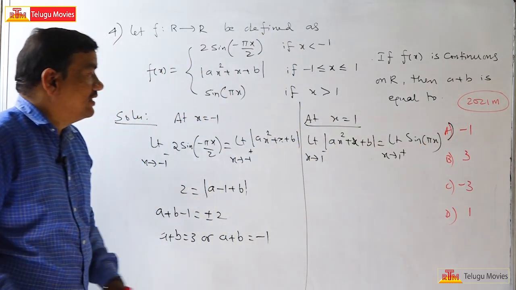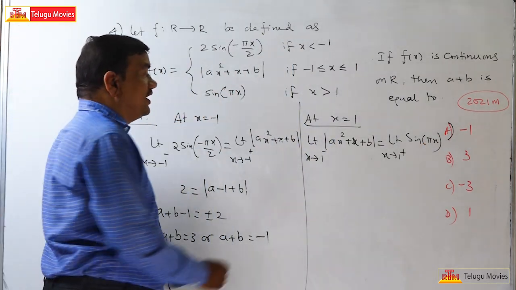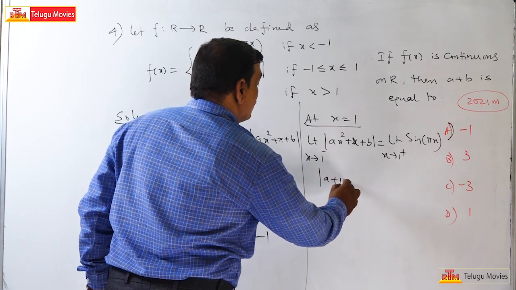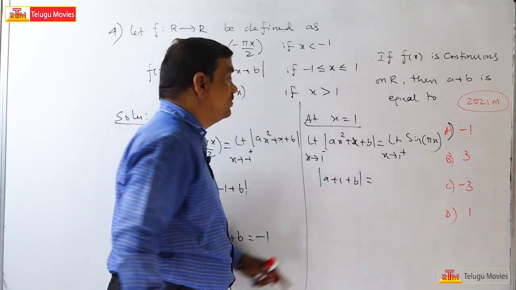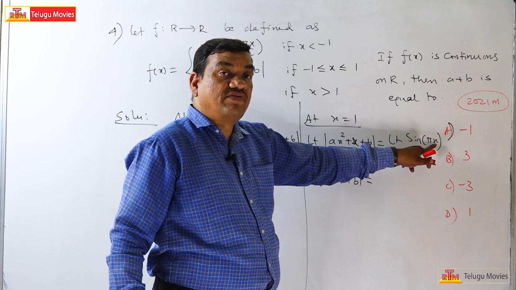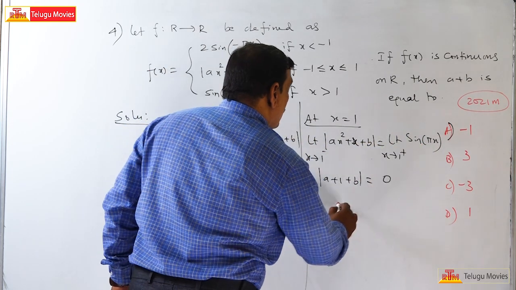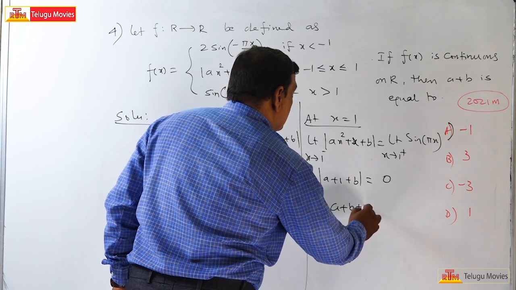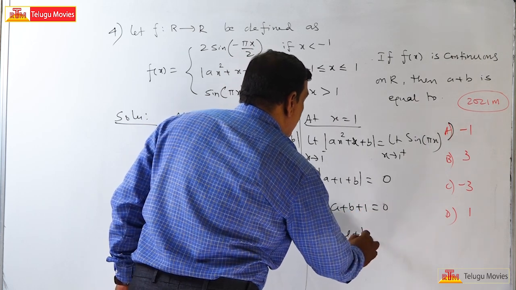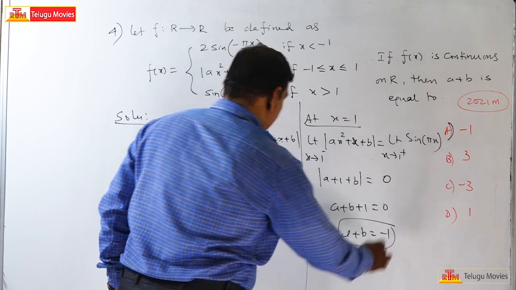Okay, as x tends to 1, substitute here: modulus of a plus 1 plus b is equal to, in place of x substitute 1, sine 180. Sine 180 means how much? 0. So a plus b plus 1 is equal to 0, a plus b is equal to minus 1.